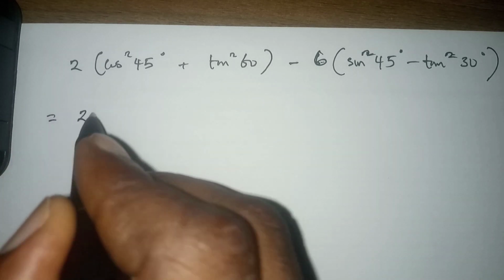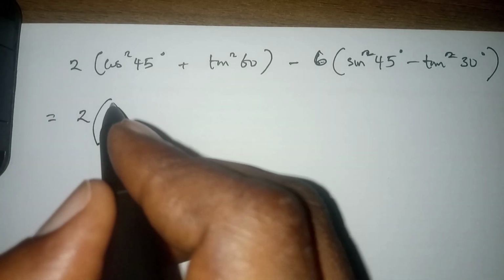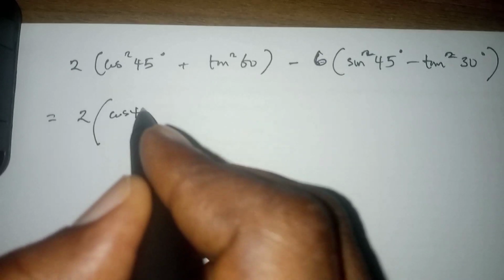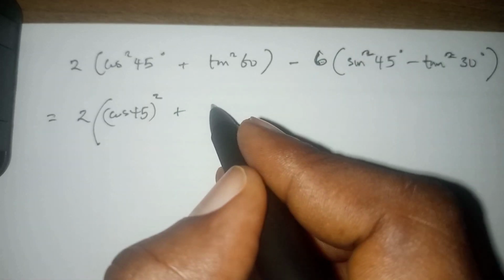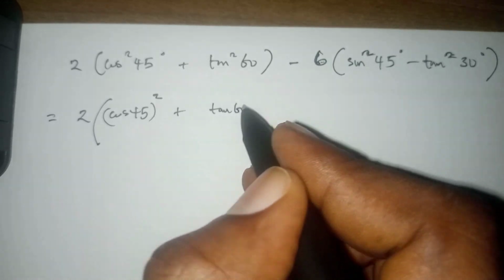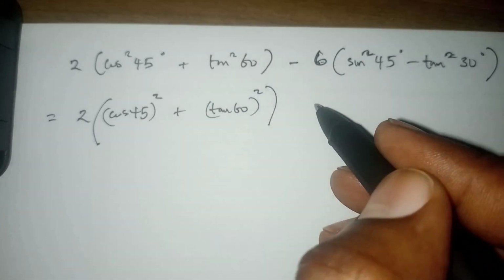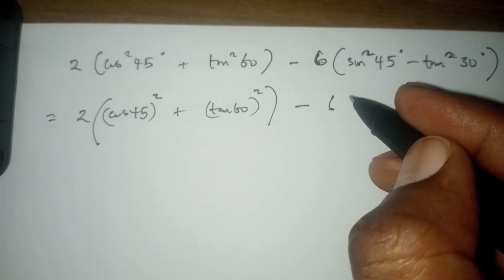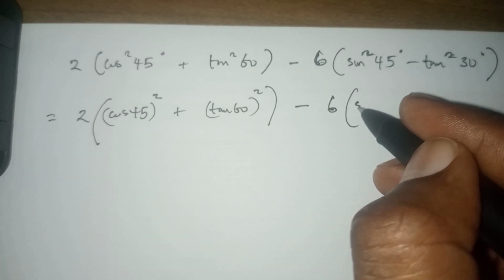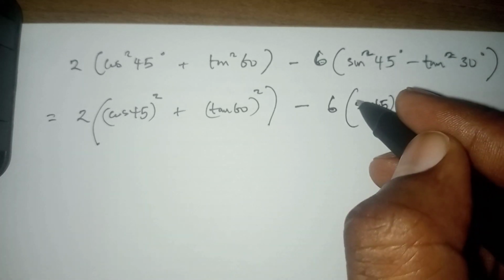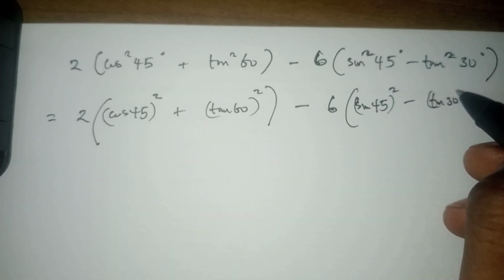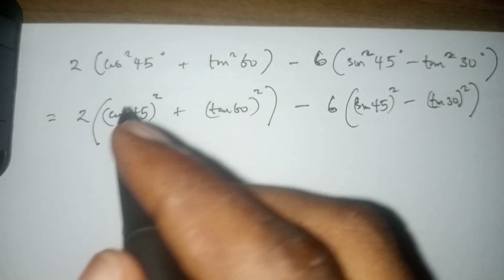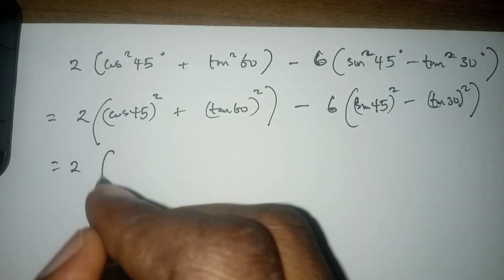So this is 2 into, don't forget, what's the meaning of cos square 45? It is cos 45, everything all squared. Then plus tan square 60, which is tan 60 all squared. Then minus 6 into sine 45 all squared minus tan 30 all squared. So that's the meaning of the square. So that will be 2 into, what's cos 45?